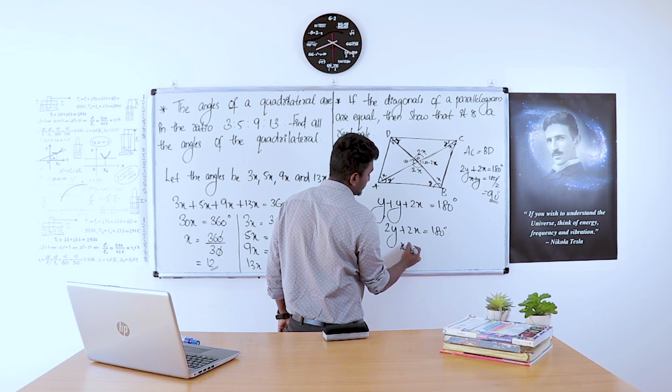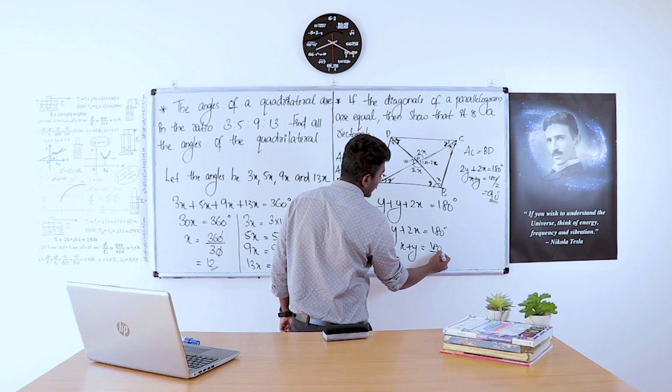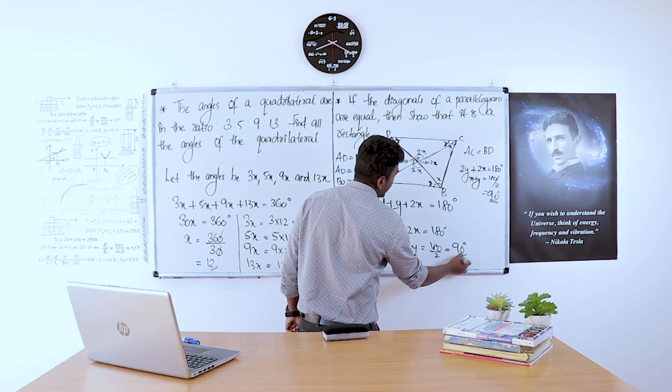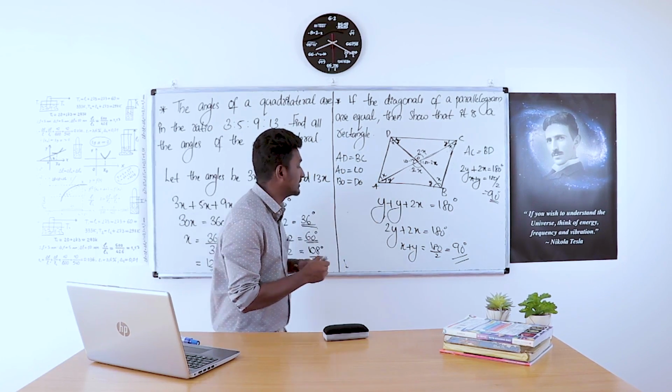Then what is x plus y? Taking 2 common, it is 180 by 2, which is 90 degrees. So in each corner we got x and y, that is x plus y is equal to 90 degrees.